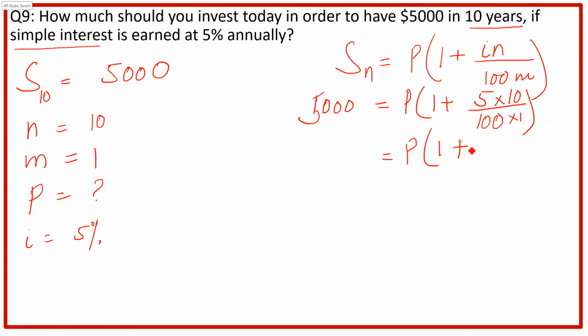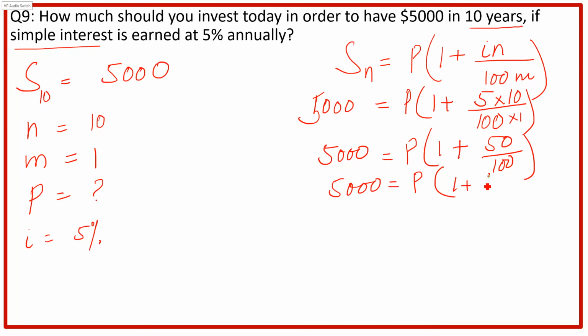So we will simplify it. It will be 50 over 100. You can take LCM, but if you do not want to, we will just divide 50 by 100. We will get 0.5.